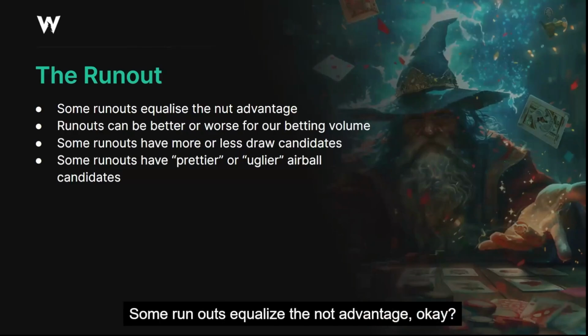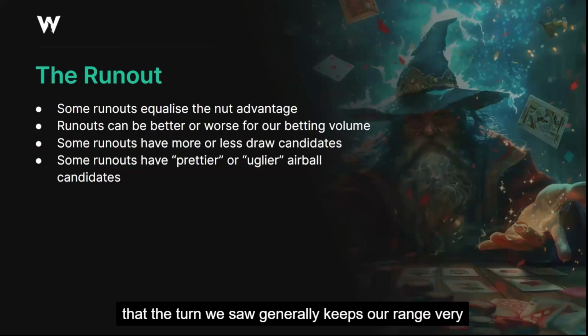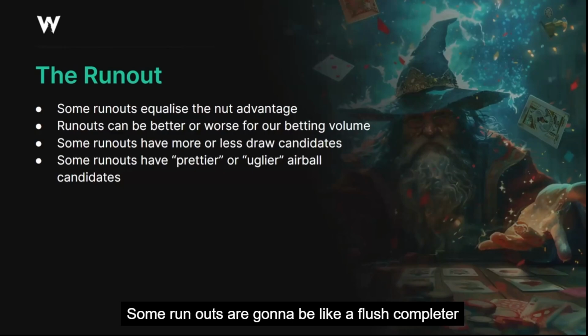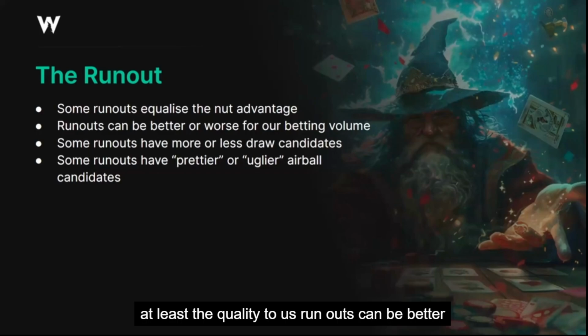The runout. Some runouts equalize the nut advantage, okay? This means that the turn we saw generally keeps our range very polarized compared to our opponent, but not always, right? Some runouts are going to be like a flush completer or certain cards that give, in this case, the big blind, top of range, at least equality to us.